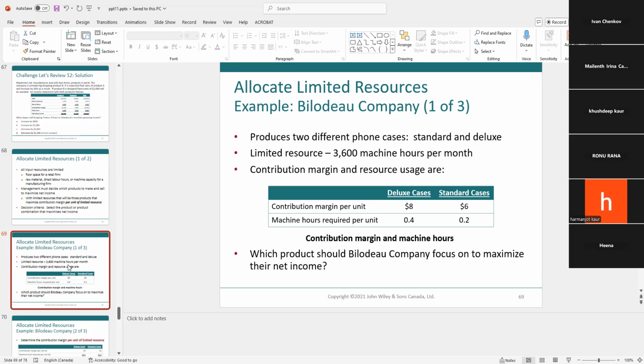We have the contribution margin per unit, and we have the hours that each case is required to be produced. So how can we maximize our net income with those two products?